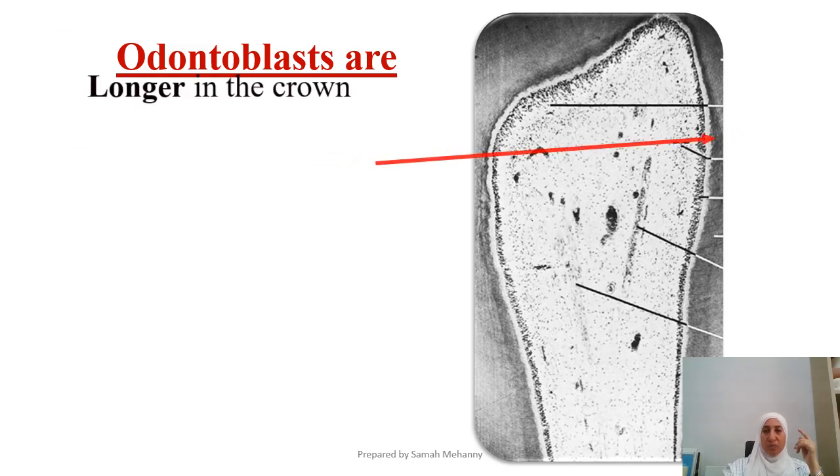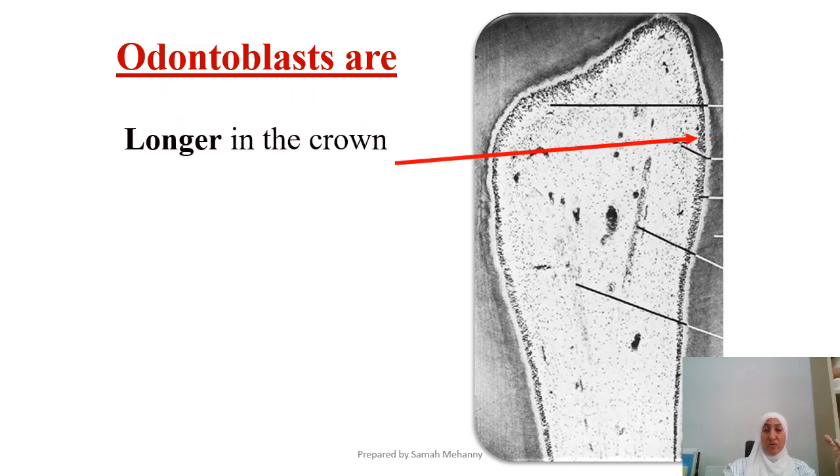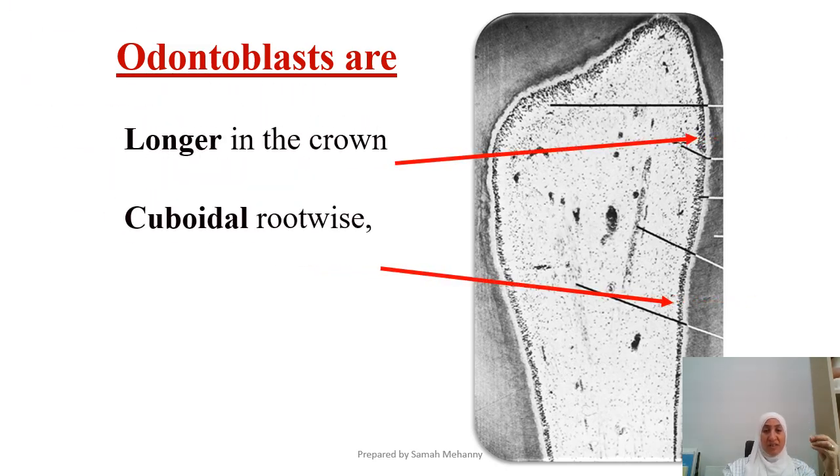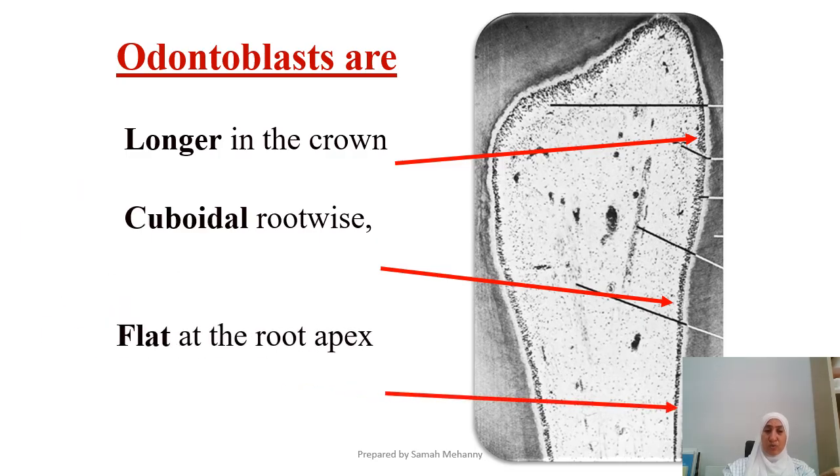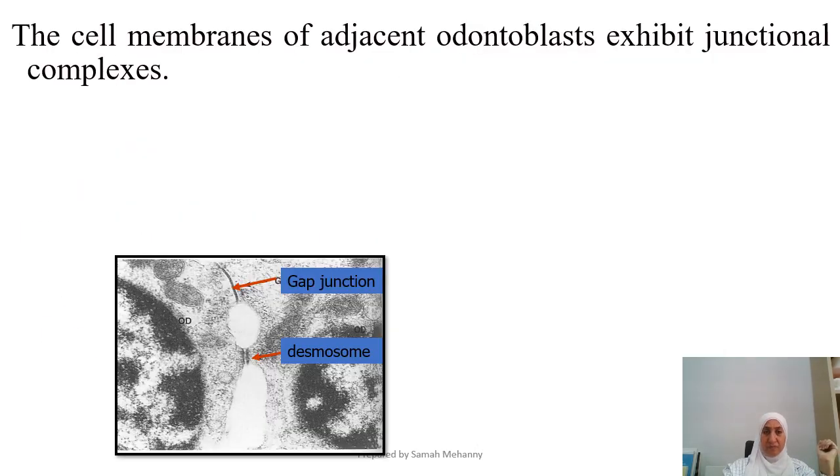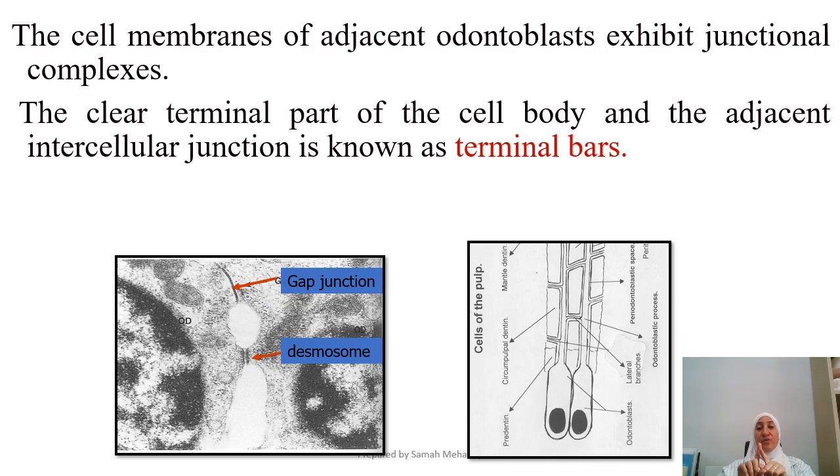These are the odontoblasts, longer in the crown, getting shorter toward the root to be flat at the root apex. The cells form junctional complexes toward each other, which are called terminal bars. Thus, these terminal bars or junctional complexes keep the odontoblastic cell layer as a boundary to the pulp.